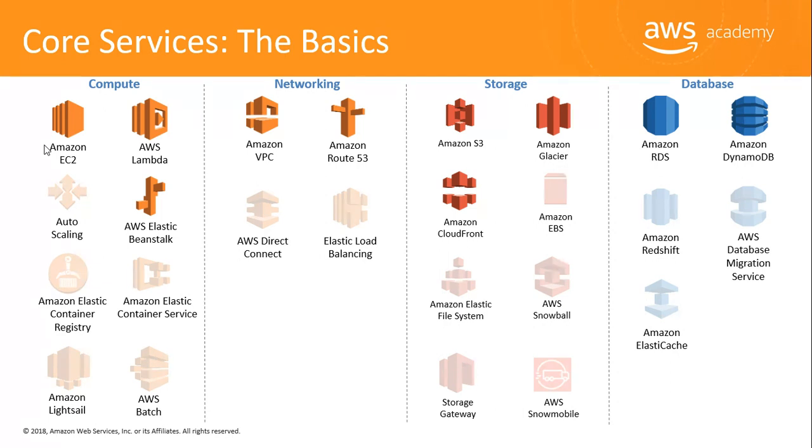In the initial stages, they recommend you learn the highlighted ones, so we'll focus on only these. As I told, we'll be working on EC2, VPC, S3 and Glacier, as I've told already. Similarly, we'll be working on RDS and DynamoDB.